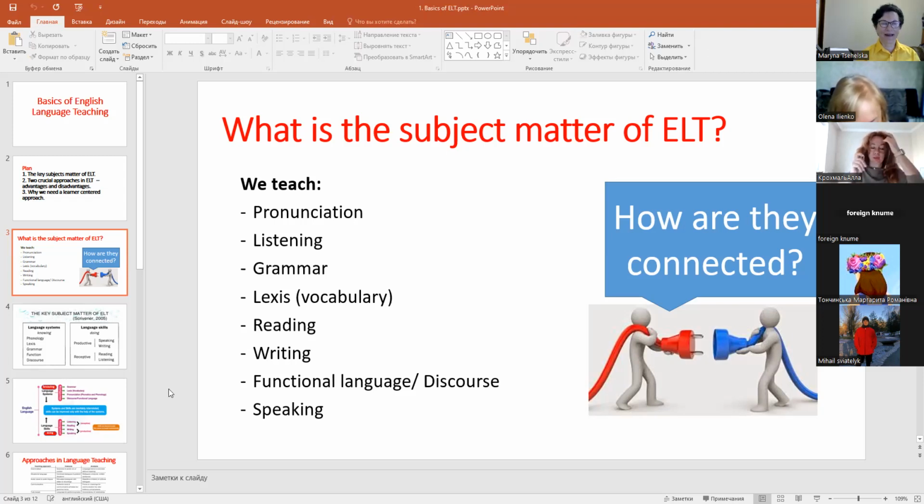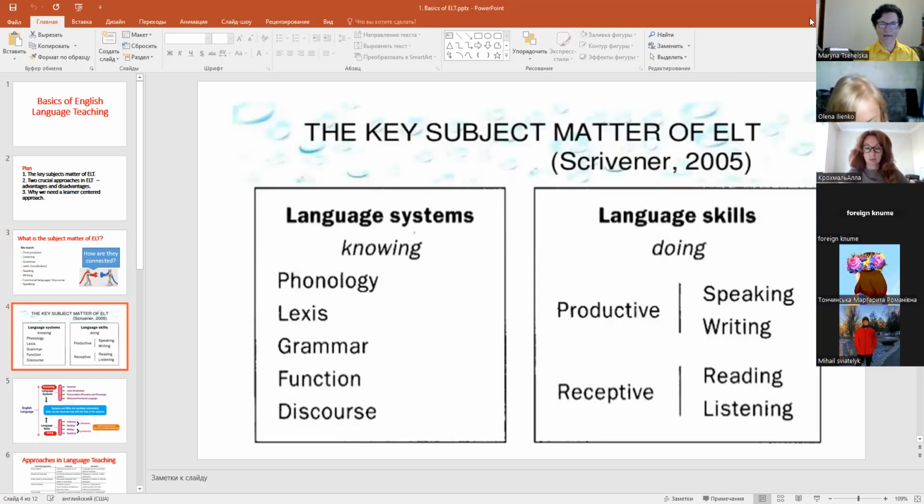Okay. So actually, if we think of the subject matter of ELT, we should understand that according to Scrivener, who is a well-known person in the field of English language teaching, we teach about the language system, and this is knowing, this is what we need to know. Our students need to know something about phonology, how the sounds are produced, lexis, grammar, functions, and discourse.